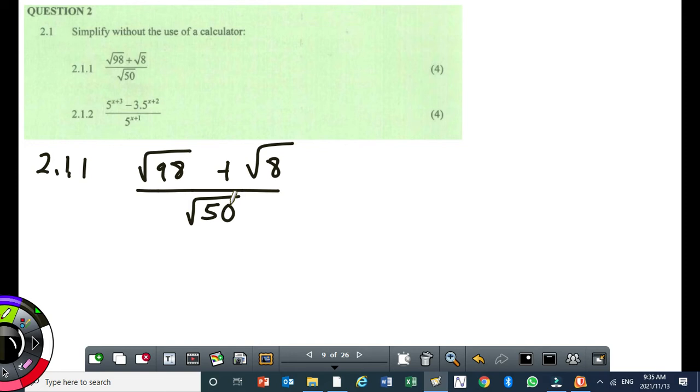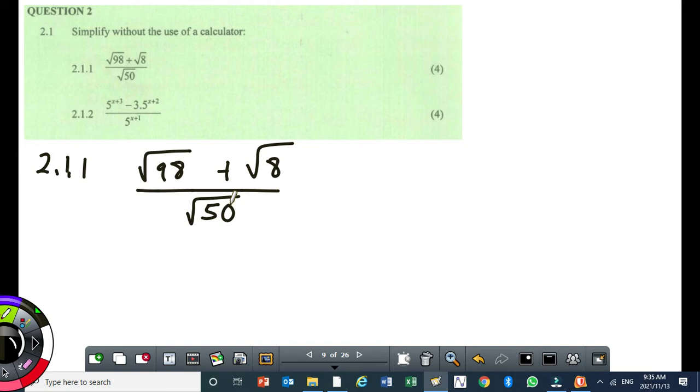The basic idea here is to rationalize. Rationalize means remove the square root. When the square root is there, the number is irrational. When the square root is no longer there, the number becomes a rational number. So we just have to simplify until we get a rational number.